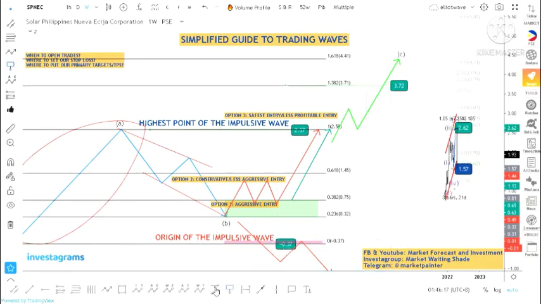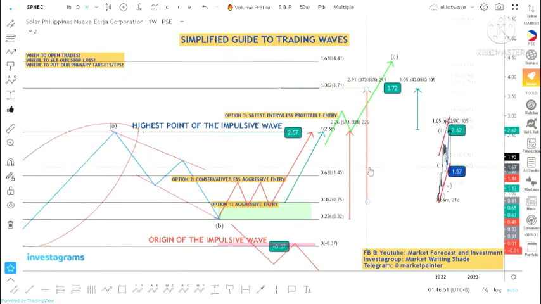So instead of the profitable area of around this first aggressive entry and then this conservative one, which will make a gain here, the less aggressive or the safest entry will only make a profit in this area.